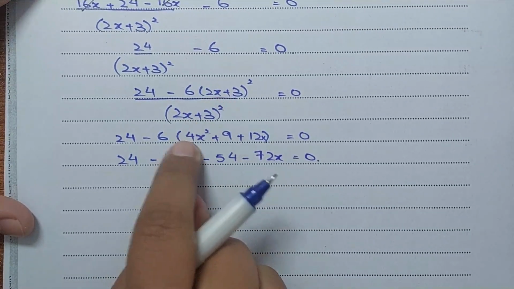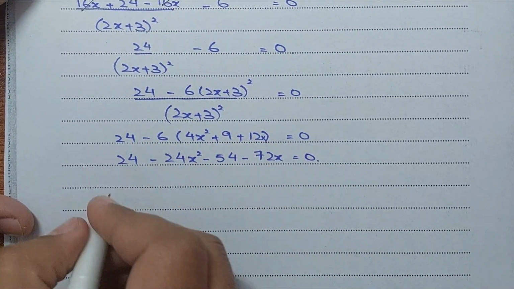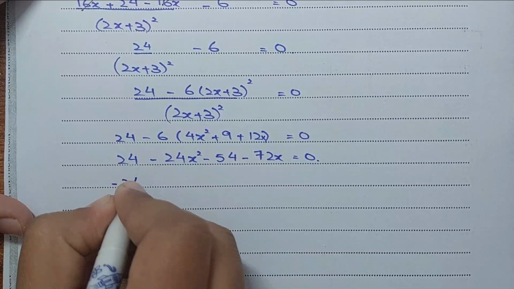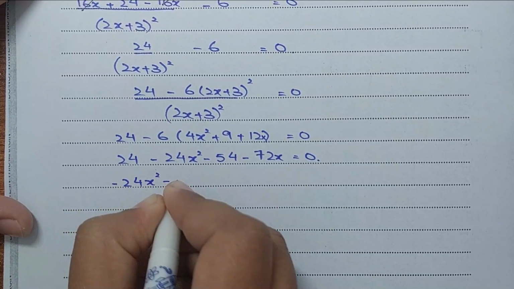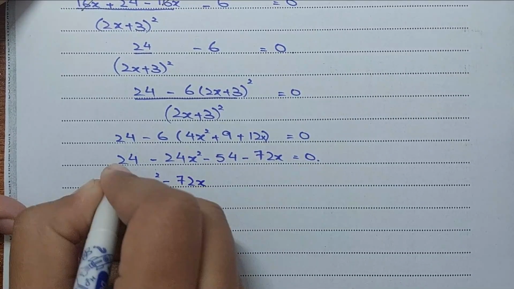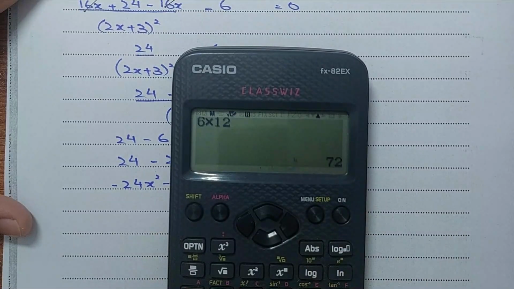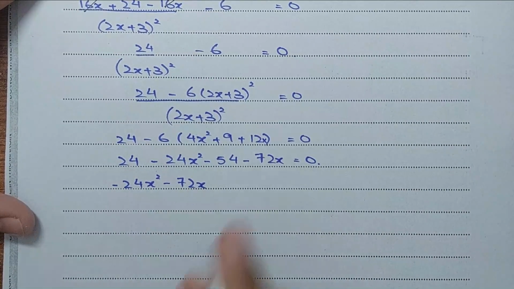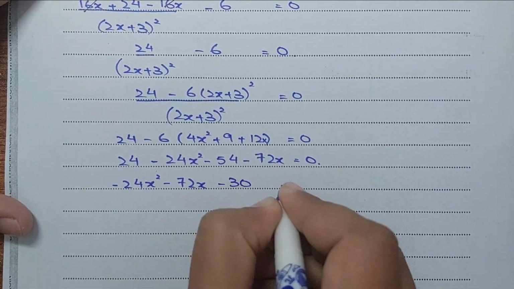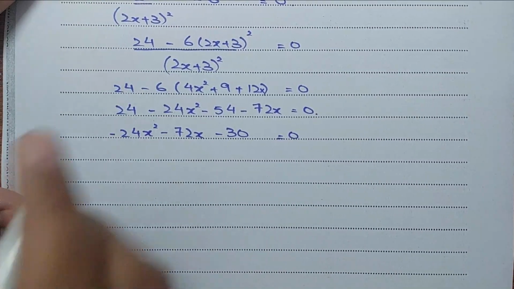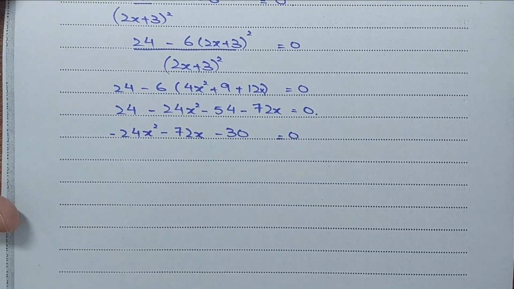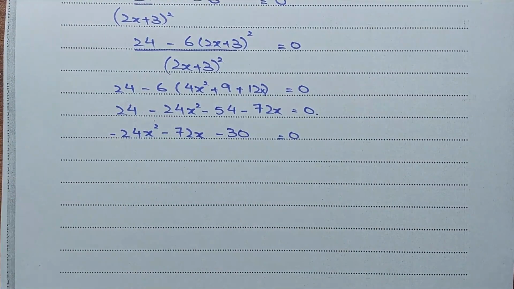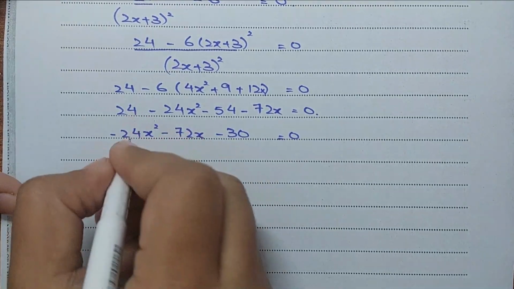This is with a plus, so (a plus b) whole squared, and everything is now minus, right? Minus 24x squared minus 72x, and what is 24 minus 54? Minus 30 equals 0. So we can take the negative sign common and divide by, now every number is divisible by negative 6, right?